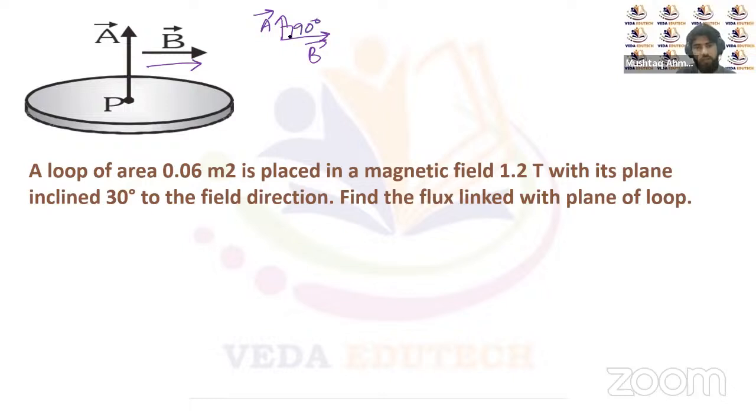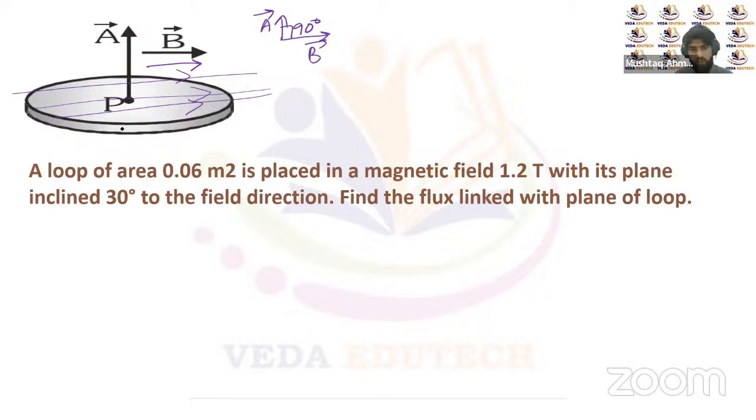If 90 degree is the angle between the area vector and the magnetic field vector, all the field lines will be passing parallel to this plane, but no field line will be entering this area. No field line actually crosses through this area.